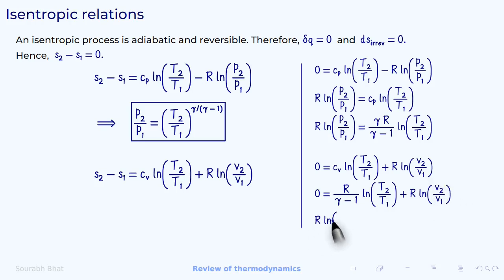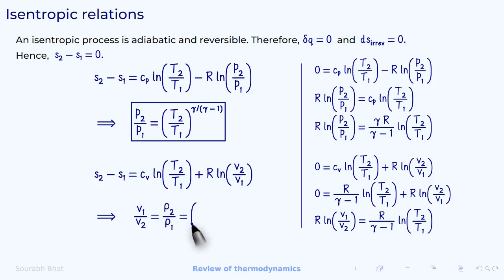Rearranging the terms gives us this equation, and now dividing by R on both sides and using the exponential gives us another important isentropic relation between density and temperature. Rho2 by Rho1 is equal to T2 by T1 raised to the power 1 by gamma minus 1.